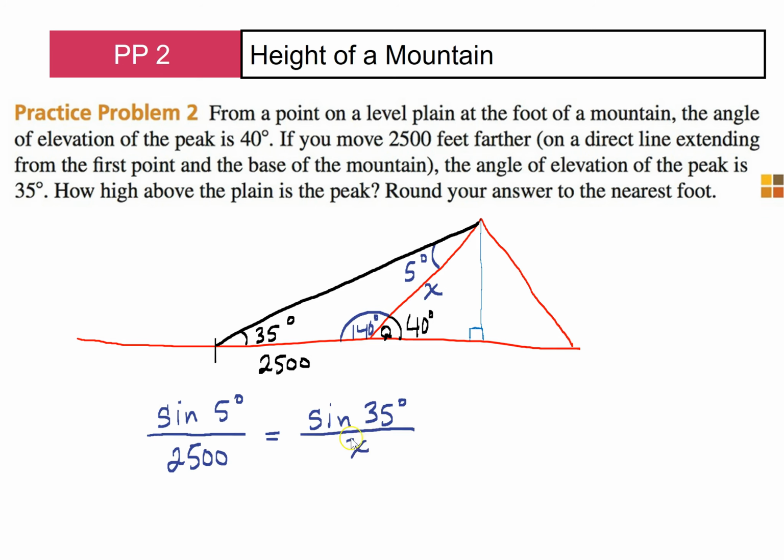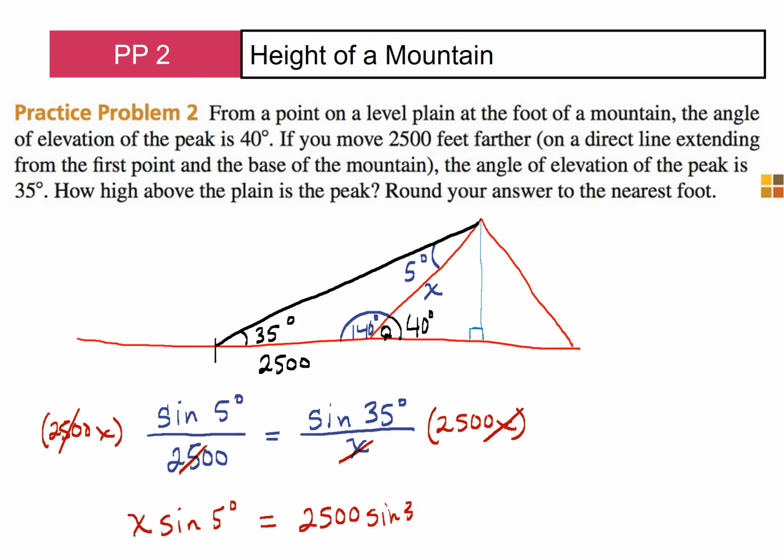Looks like I'm going to solve for x because that's the variable I don't know. So I'm going to just multiply to get rid of fractions here. The 2,500 goes away, so it's x sine of 5 degrees equals 2,500 sine of 35 degrees. Eventually divide both sides by sine of 5, and I think I have this as my plug-in value right here.